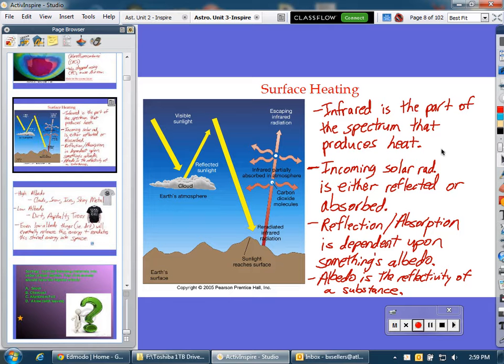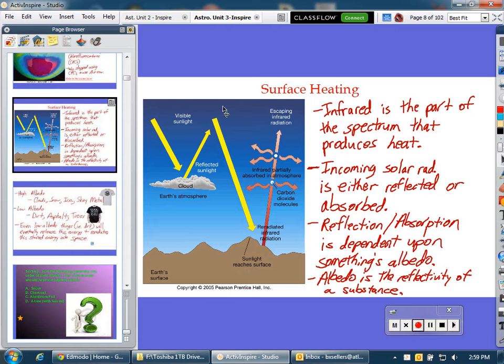When this radiation comes in to the planet, it is either reflected or absorbed. The reflection and absorption of something is dependent on that object's albedo. Albedo is what's known as the reflectivity of a surface. If you look here, the cloud has what's called a high albedo, so it will reflect easily.